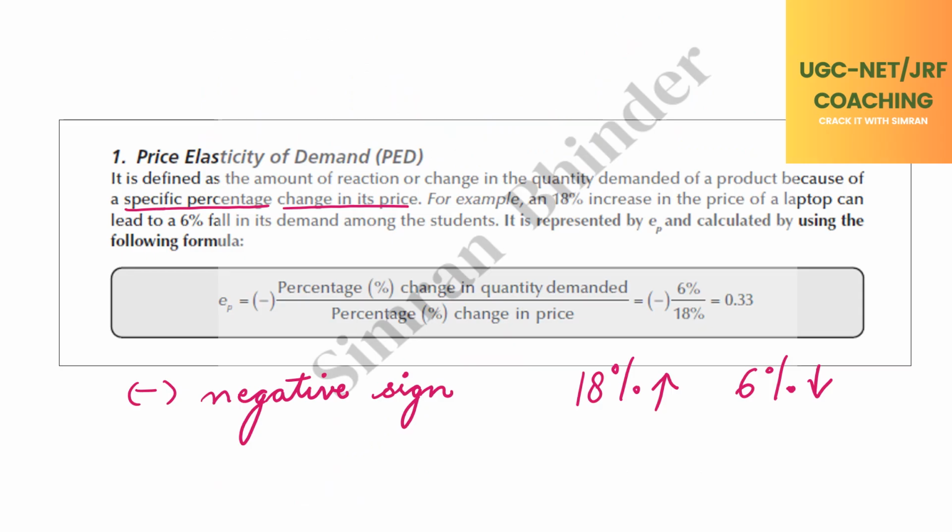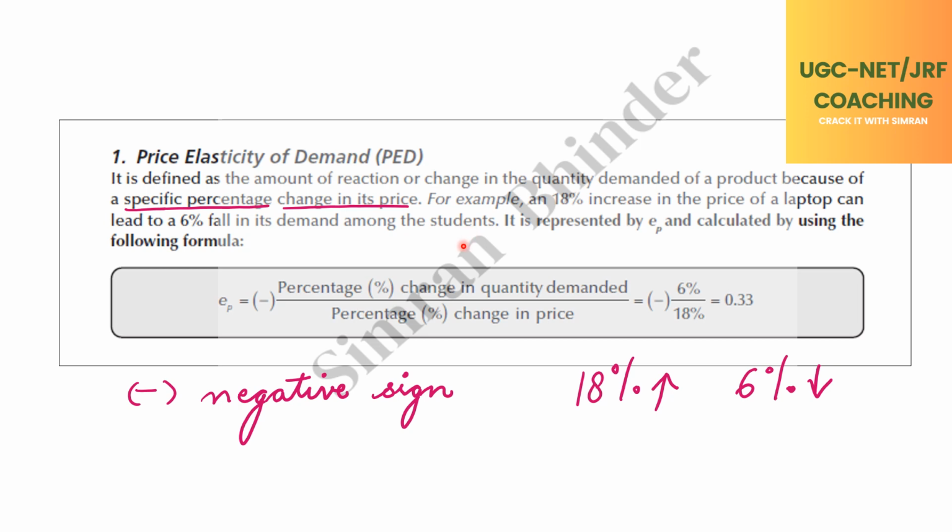Now, the first type of elasticity of demand is called price elasticity of demand. In this case, it tells us about the change in quantity demanded of a product because of a specific percentage change in its price. For example, an 18% increase in the price of a laptop can lead to a 6% fall in its demand among the students.